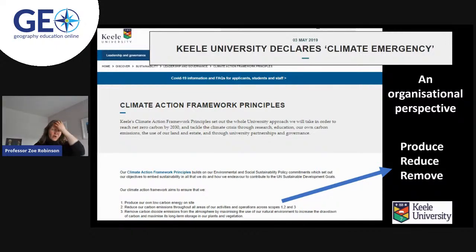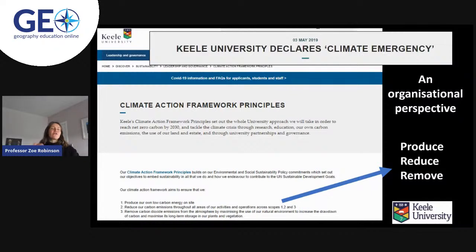We're still working on the action plan to get there, but we've now outlined a set of principles to help us develop that final action plan. These principles are around producing our own renewable energy, reducing our carbon dioxide equivalent emissions, but also removing emissions using our campus as well.